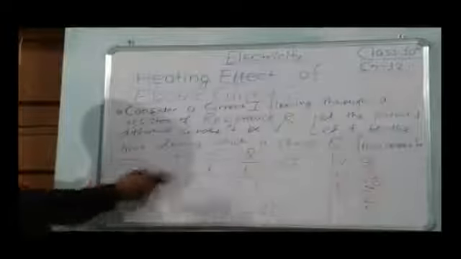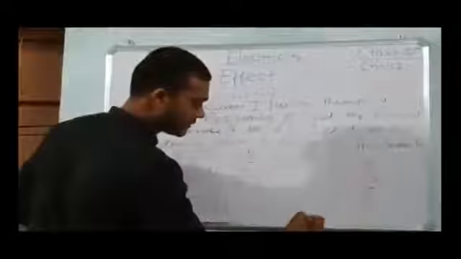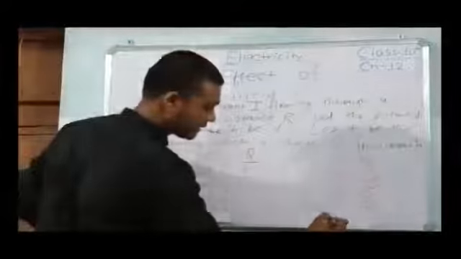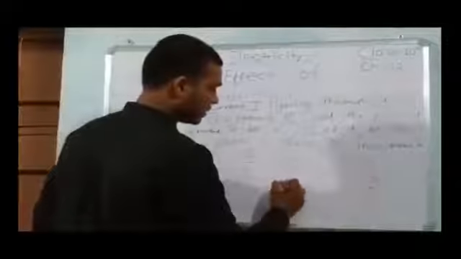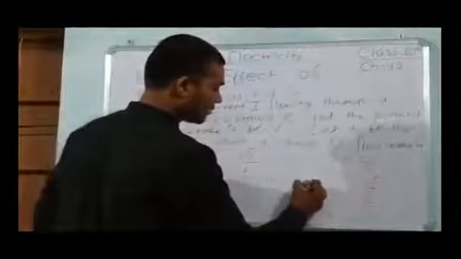When we put this value here, we get I square RT. Now we have this formula, H is equal to I square RT.